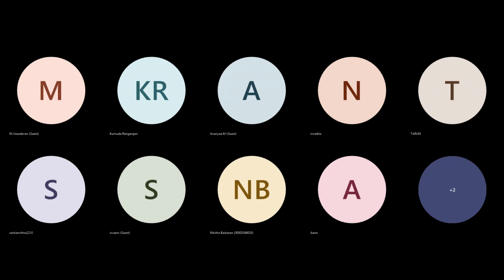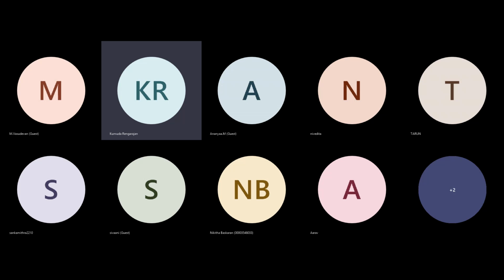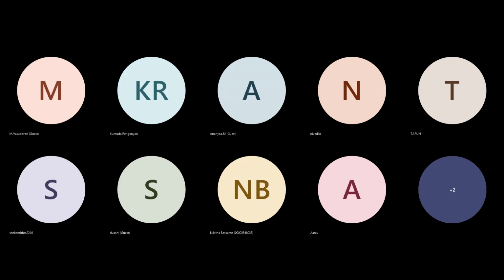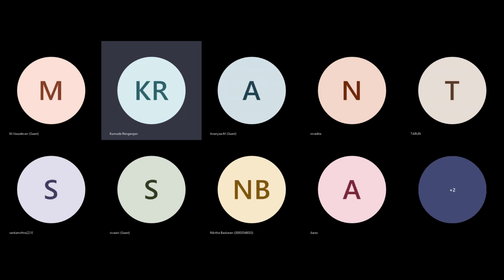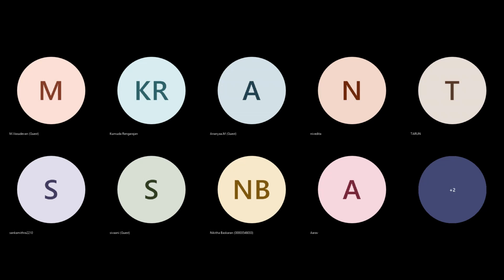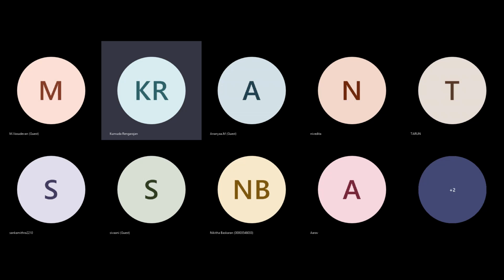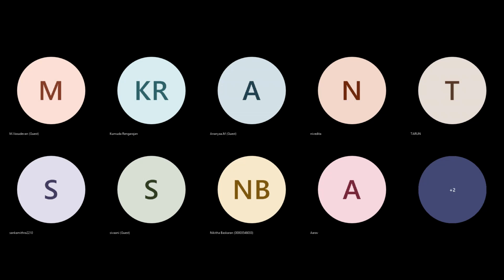Ma'am, the slant height is 15 meters. Correct. And what's the formula to find the CSA of the tent? Pi r l, ma'am. What's the value of pi r l? What's the answer? 565.71 meters square, ma'am.